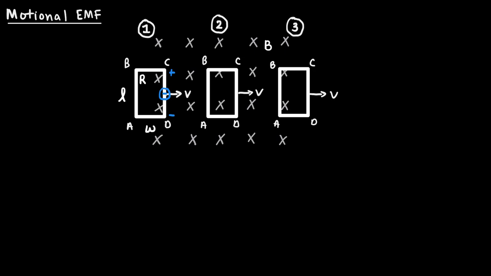Due to this separation of charge, there's going to be an electric field, an electric potential difference between point C and point D. And while clearly now the magnetic field is exerting a downward force on the electron, which I'll draw, and I'll label that FB, due to the separation of charge, positive at the top, negative at the bottom, there is going to be an electric field that exists between point C and D as well. That separation of charge, which causes that electric field, would exert an upward electric force on the electron.